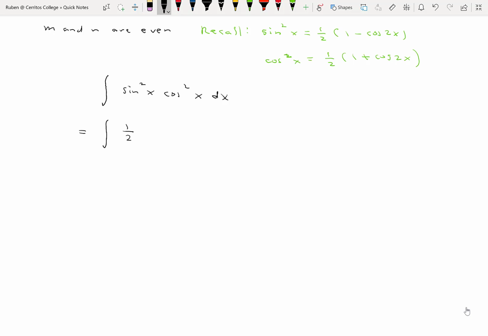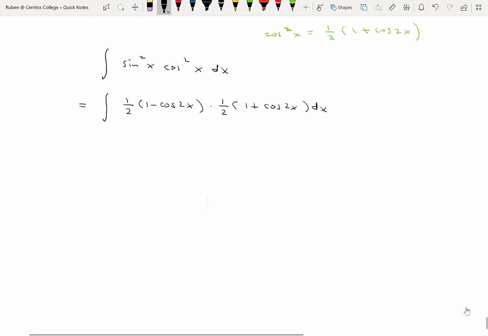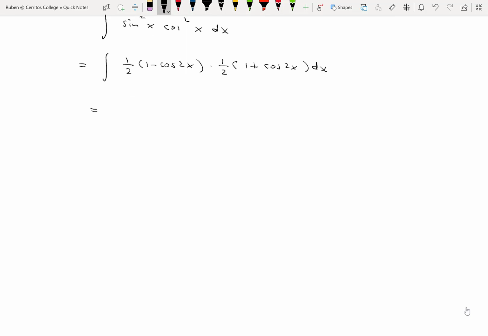So specifically sine squared x is 1/2 times 1 minus cosine of 2x, and cosine squared x is 1/2 times 1 plus cosine 2x. And you go forward with that. The 1/2 times 1/2 is 1/4, which can be factored out of the integral. For this particular simple case, we can multiply the 1 minus cosine times 1 plus cosine and get the difference of squares.